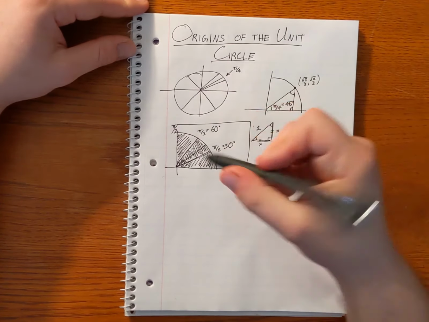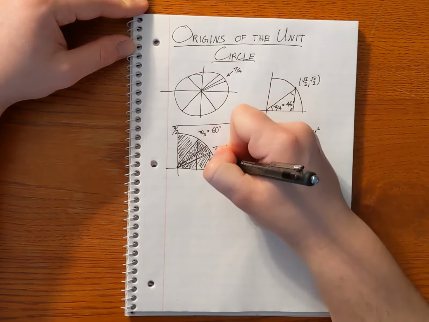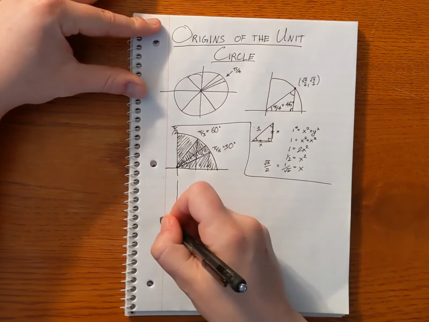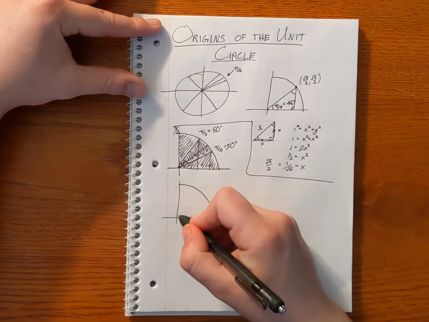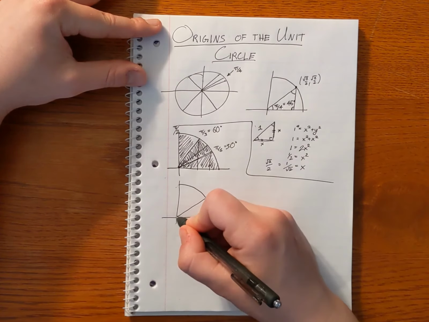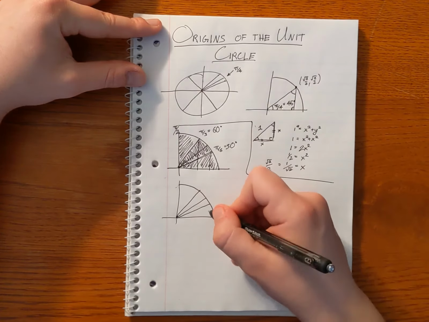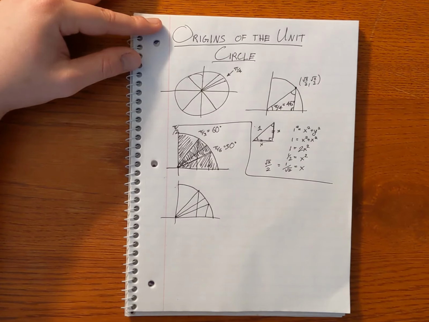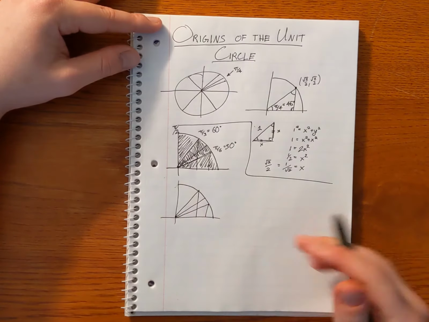And now these two triangles that get created here are actually the same triangle, just positioned differently. Let me redraw this without the shading. Got the middle one, 60 degrees, 30 degrees. So despite the fact I've not drawn them very well, these are actually the same triangle.